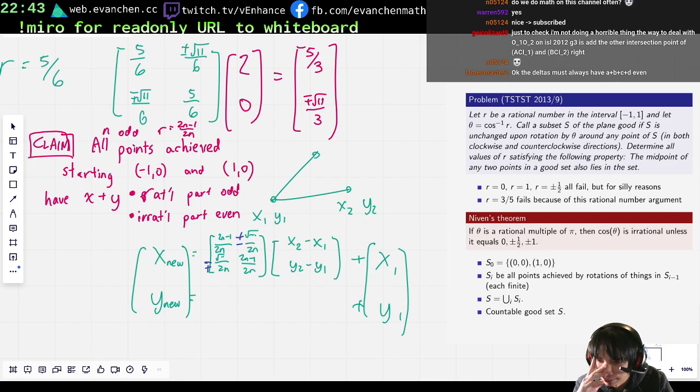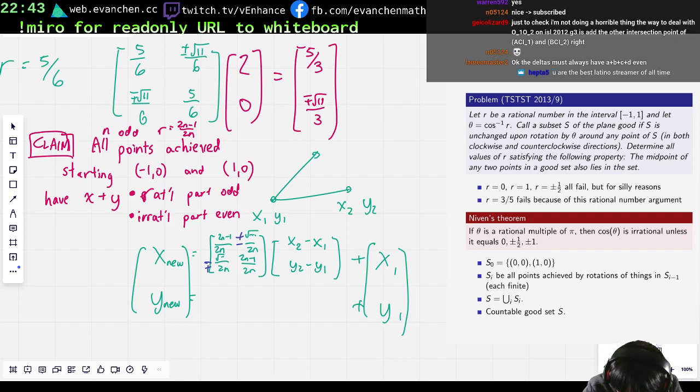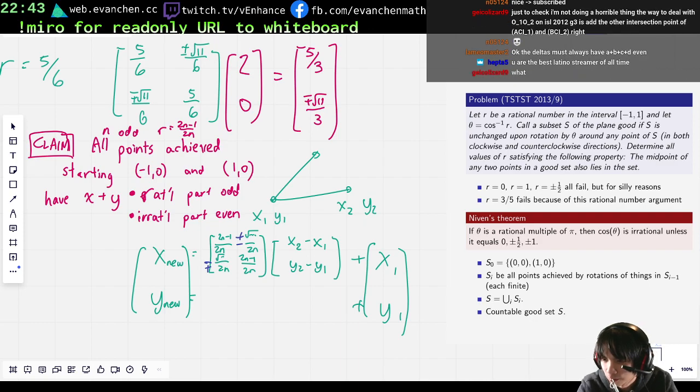I always have A plus B plus C plus D in. Is that so? I'm just supposed to expand, and you're telling me it'll work. All right, let's expand.